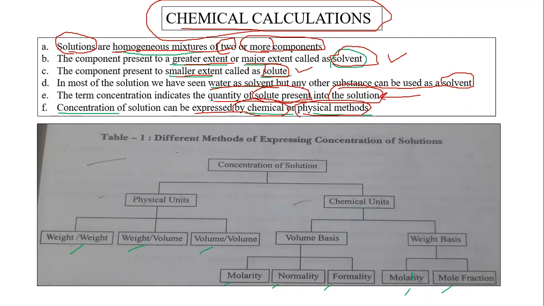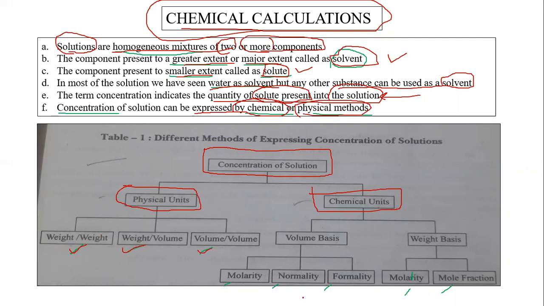Now, see the different ways by which you can express the concentration of a solution. This is the physical method, or physical units, and these are the chemical units. In physical units you can define it by weight percent, weight by volume percent, and volume by volume percent.